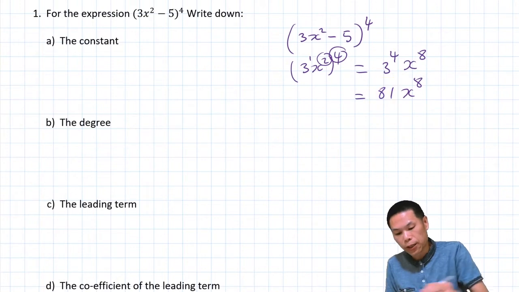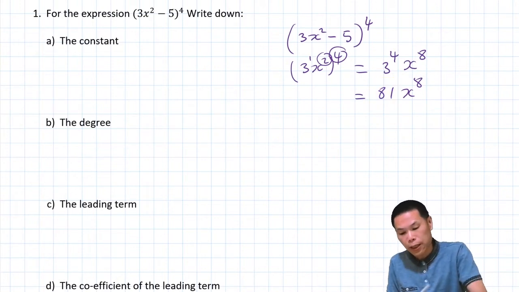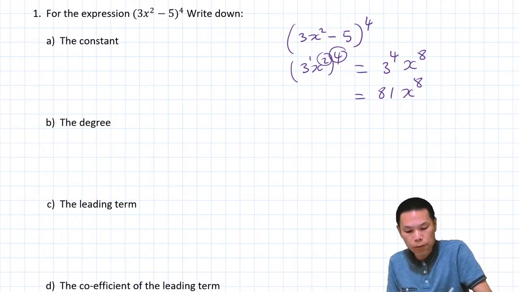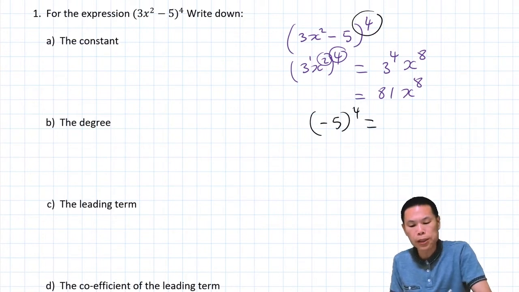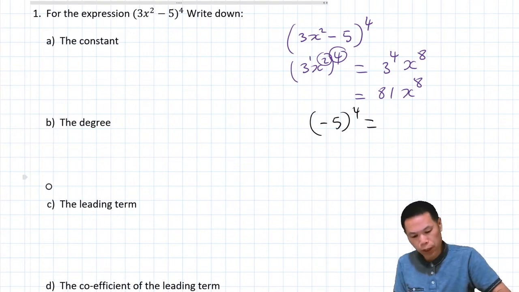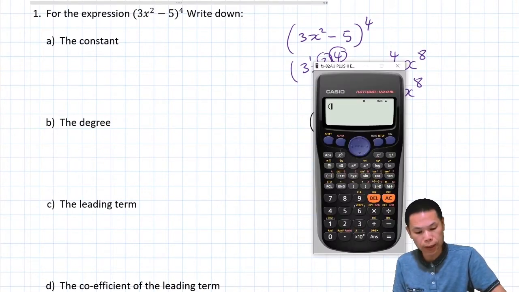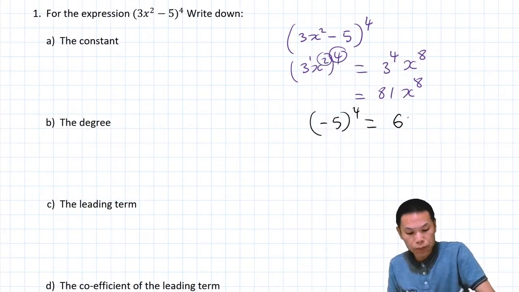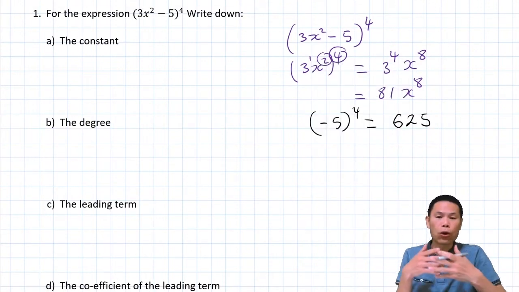There you go. Now to work out the constant, inside this bracket the constant is -5. So this becomes (-5) power 4 because this is power 4. I just put it in a calculator. (-5) power 4 is 625. So I can answer all the questions.